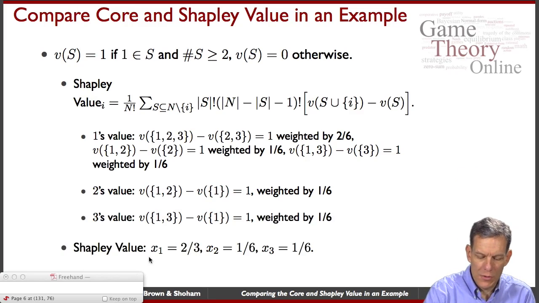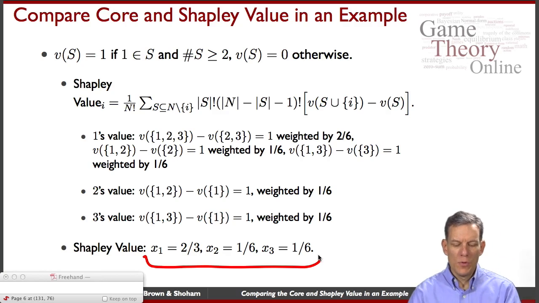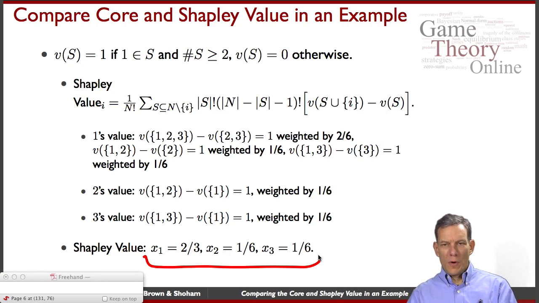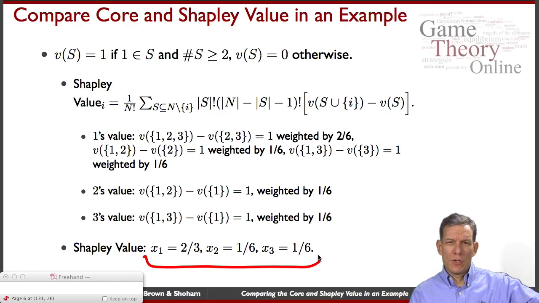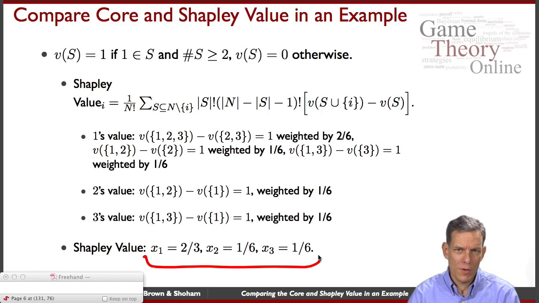And so what we end up with is Shapley value of 2/3 for 1, 1/6 for each of the other players. So the core and the Shapley value in this case are both unique, and they're giving us different predictions. The core is saying everything should go to person 1. The Shapley value says, well, 2 and 3 actually do generate some value, and we should be giving them some of the fruits of their production.